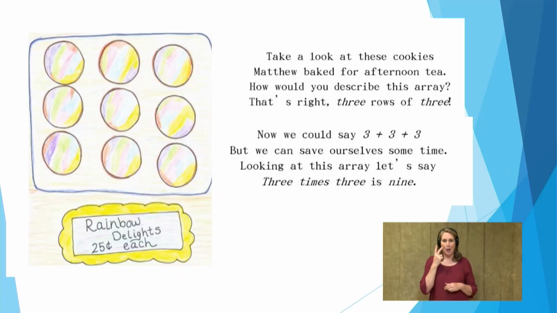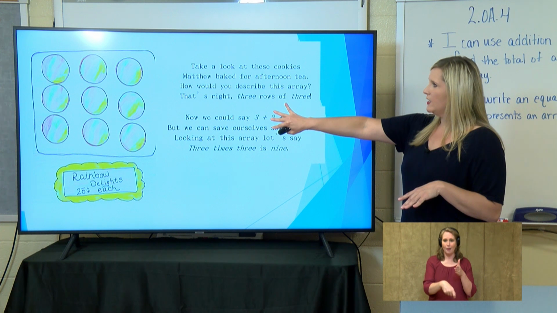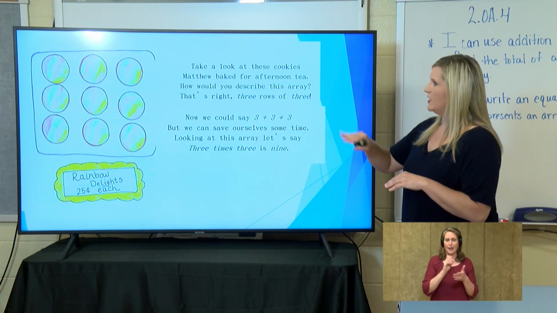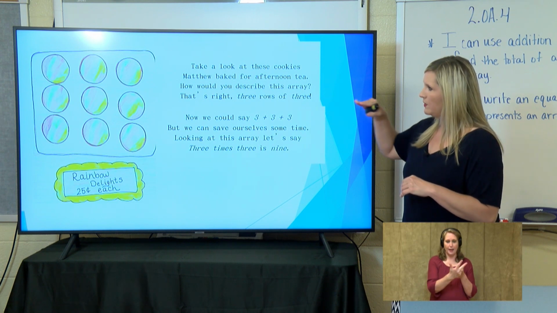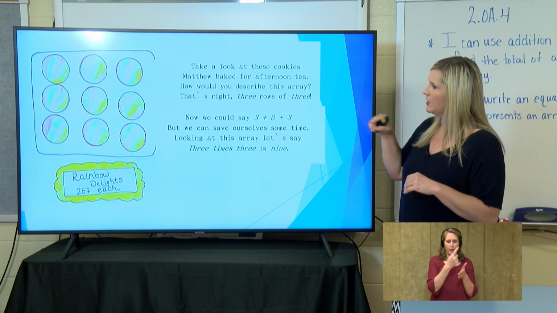Take a look at these cookies Matthew baked for afternoon tea. How would you describe this array? That's right, it's 3 rows of 3. So look at his array. He put his cookies in 3 rows of 3. I see 1, 2, 3 going across and 1, 2, 3 going down.